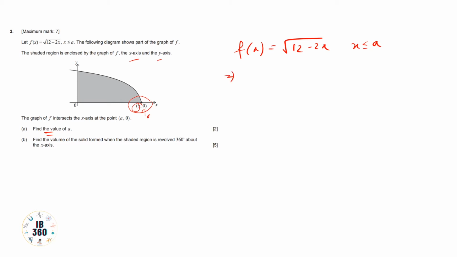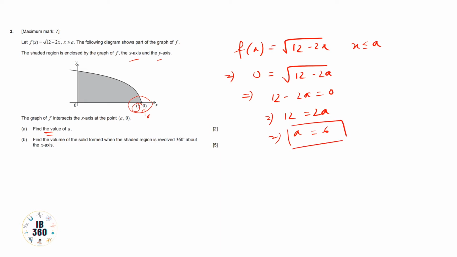The value of this function will be 0 at that point. So 0 equals root over 12 minus 2a. After squaring both sides, we get 12 minus 2a equals 0. So 12 equals 2a, and a equals 6. So the value of a is 6.